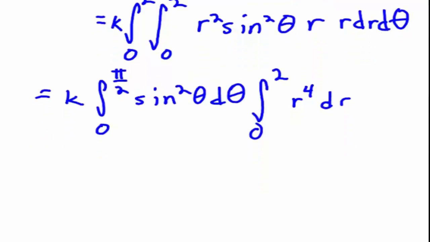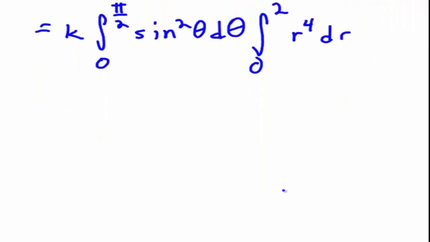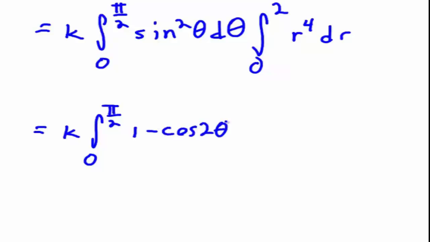Okay. To evaluate the first integral, I'm going to have to use the power reduction identity. Remember what the power reduction identity says. It says that sine squared theta is equal to 1 minus cosine of 2 theta all over 2.